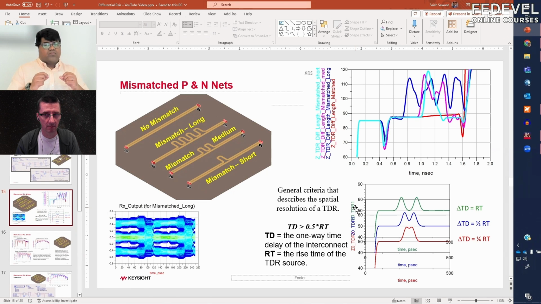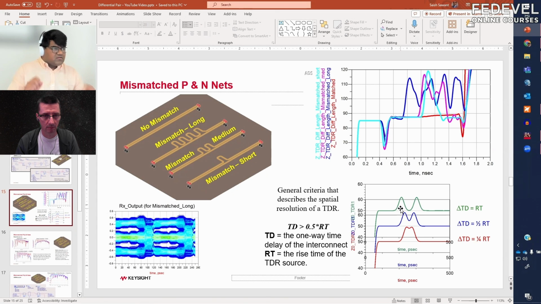There is this relation that rise time is equal to 0.35 divided by bandwidth. Bandwidth is in gigahertz, rise time is in nanoseconds. So when you are doing these measurements in your lab or doing this EM analysis, you need to put your F max frequency up to a certain point such that you have a fast enough edge to capture the data.